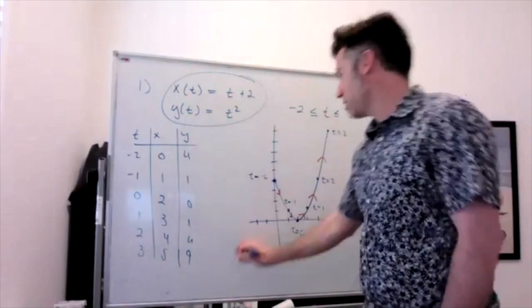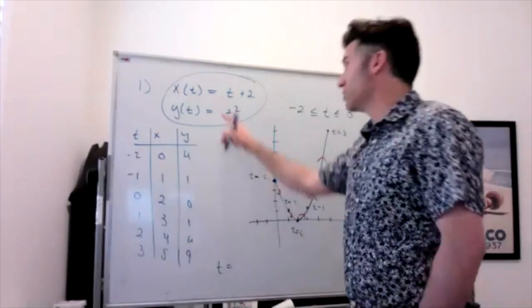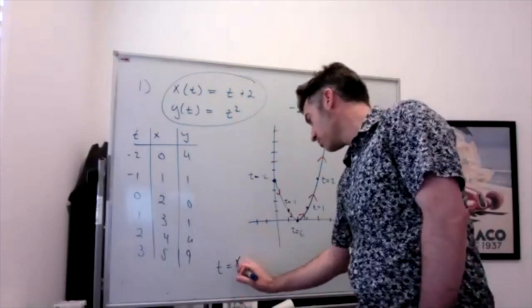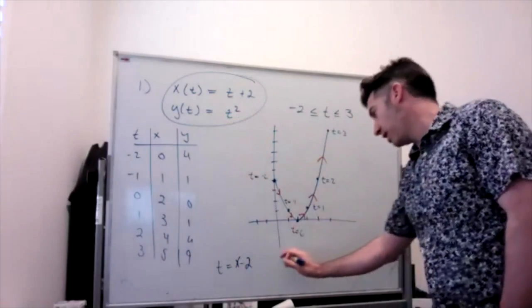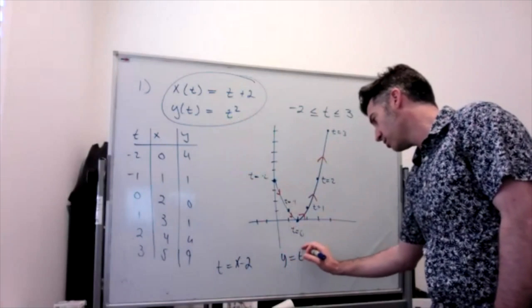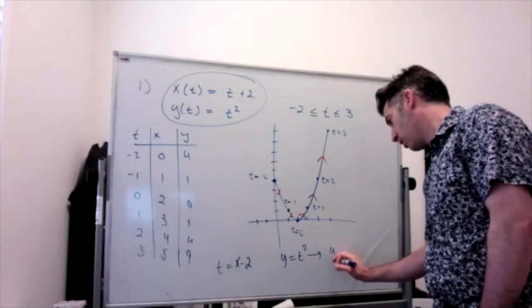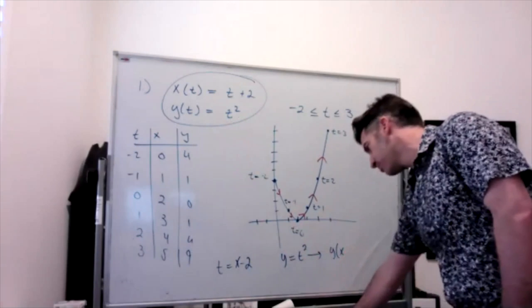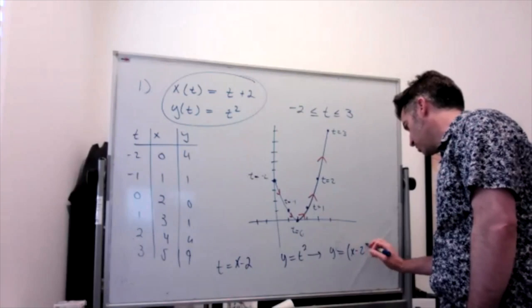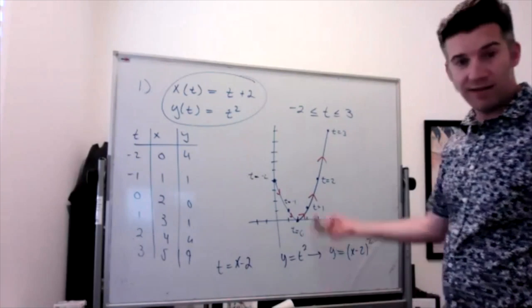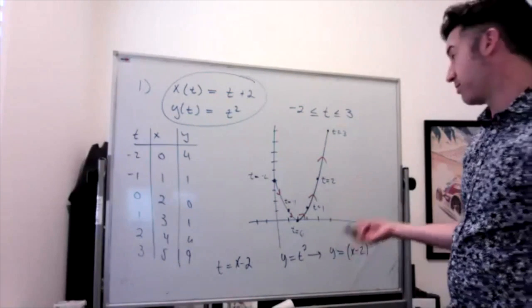So I'm saying, okay, t equals x minus 2. And I'm going to substitute that in for t in the other equation. So y equal to t squared is going to become y equal to x minus 2 squared. And that's exactly the graph we have, or at least we have a piece of that graph.